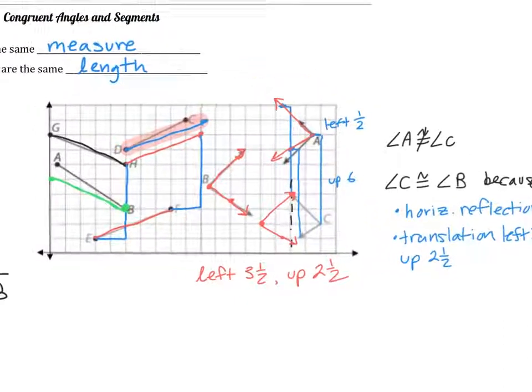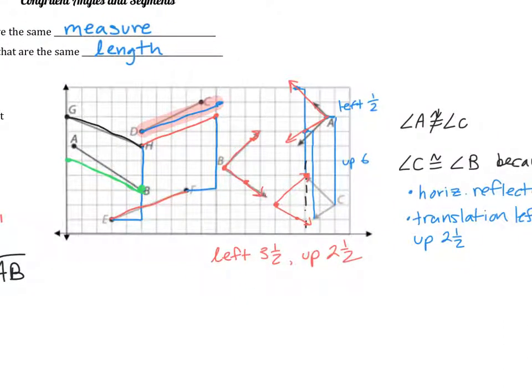So I do want to point out that for angles, the length of the sides don't need to be the same. It's really just the measure. So I understand that these sides are shorter than these sides, but it doesn't matter how long they are. The arrow implies that it would go on forever. So as long as the lines fall on top of each other, we can say that they are congruent.